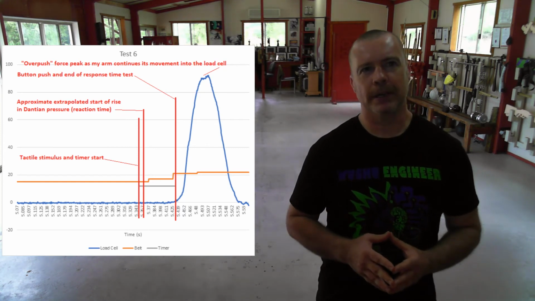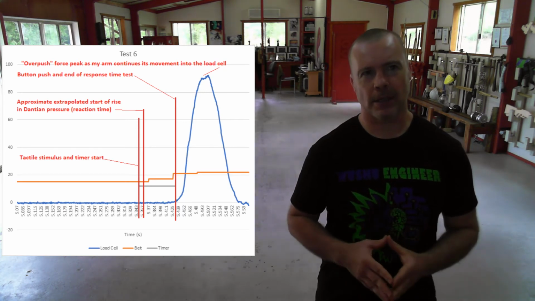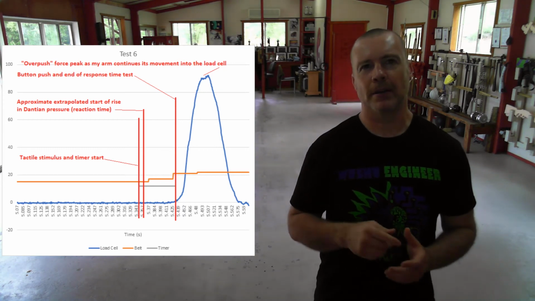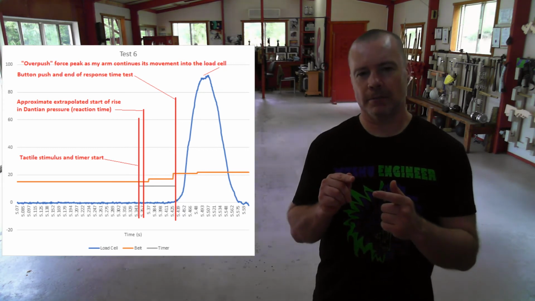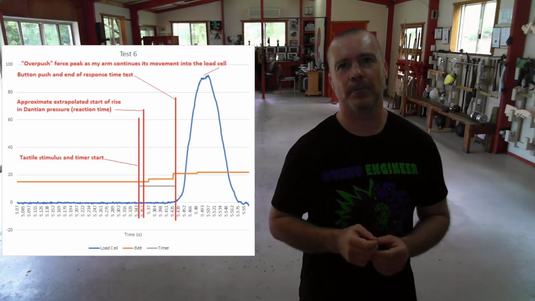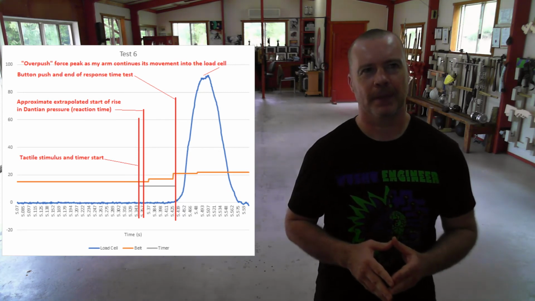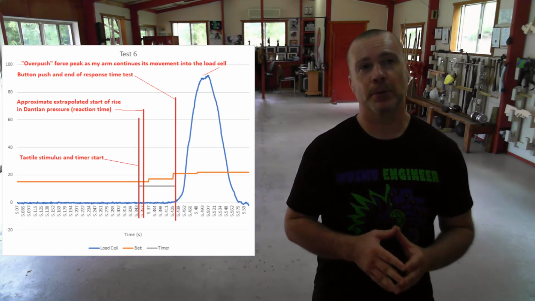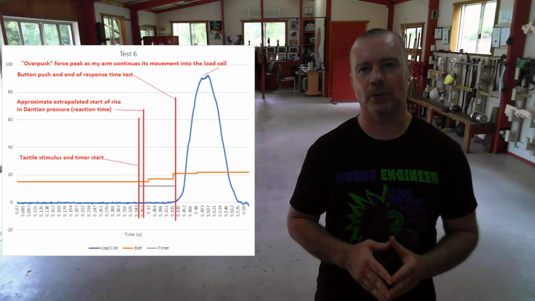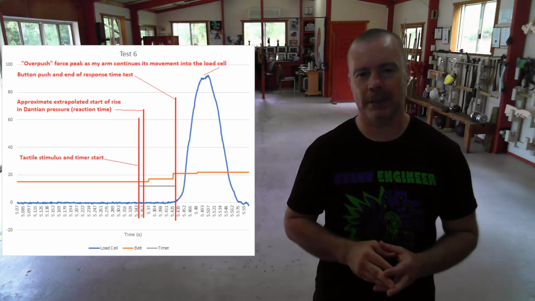In addition, the point at which I successfully closed the circuit in the push button does not coincide with the peak of the load cell force curve, because in actual fact that circuit would have been closed right in the beginning of that peak, because it takes very little pressure, or very little force I should say, to close the switch. The button push is thus located at the very beginning of the load cell force peak, right in the first stages of the rise in force in that peak.